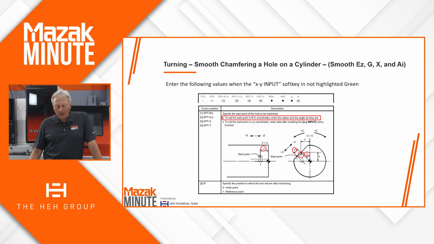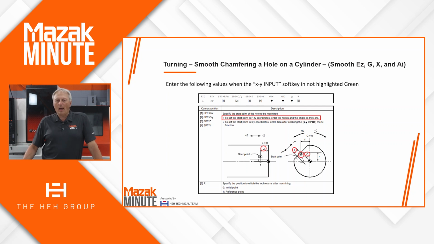This gives us a little bit of the difference with the XY input. When it is not highlighted green, you're going to set the RC coordinates, which is the radius and the angle, as they are. If you notice at the right side view, the 12 o'clock position is C0.